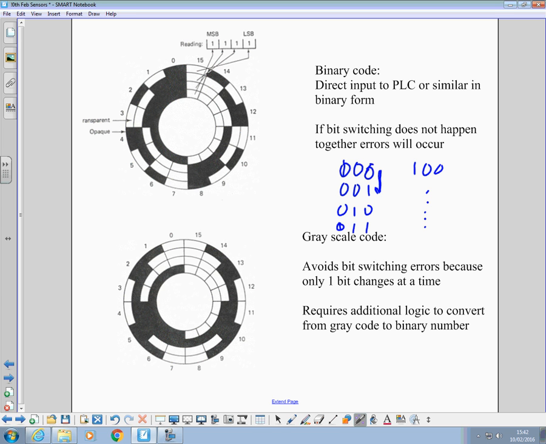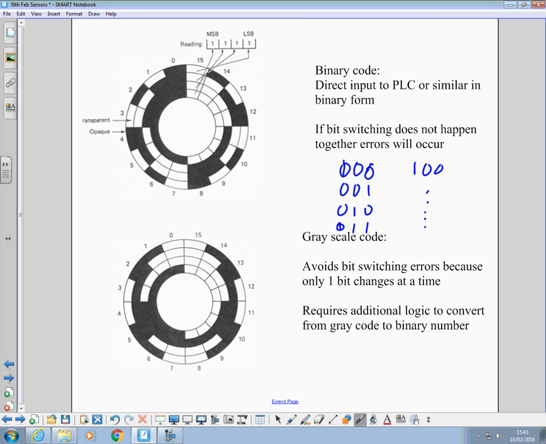But here, bit 1 is changing back to 0, bit 2 is changing to 1. If they don't do that exactly at the same time, if this 1 here drops out before that 1 comes on, we've effectively moved back to the 0 position, which would be an issue, it'd be an error.